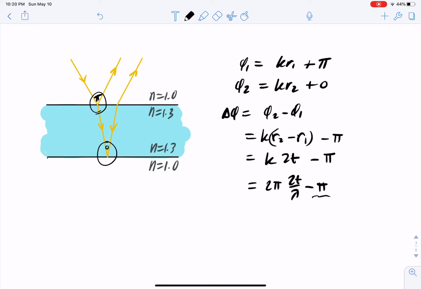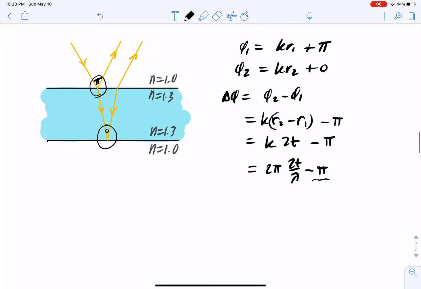Whether you add or subtract the pi, it doesn't matter, it's a half of a phase shift anyway.